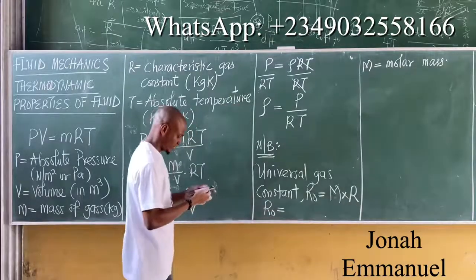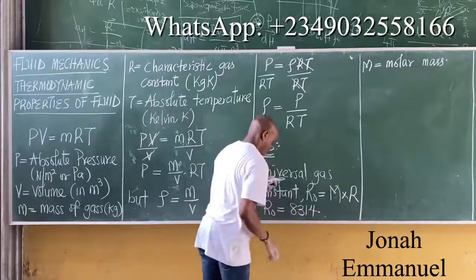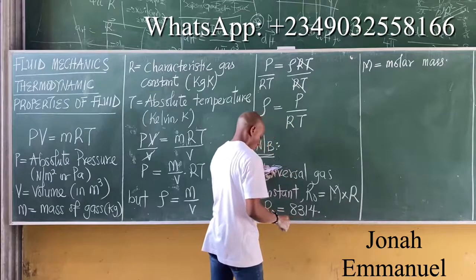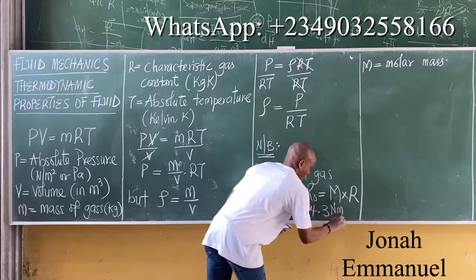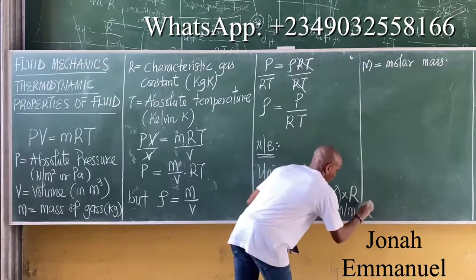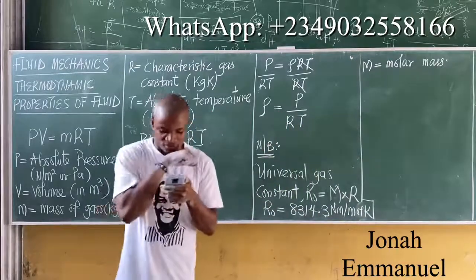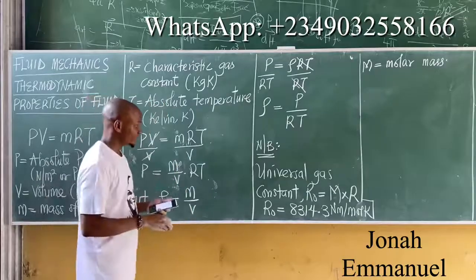R naught is equal to 8314.3 Newton meter per mole Kelvin.